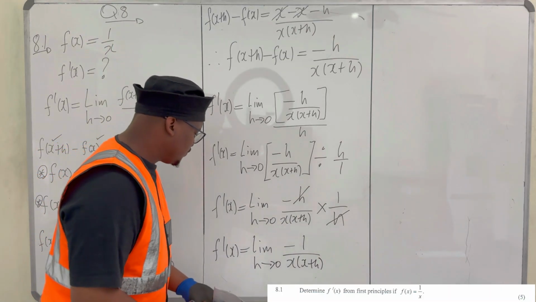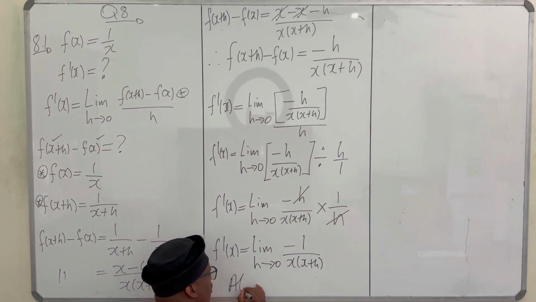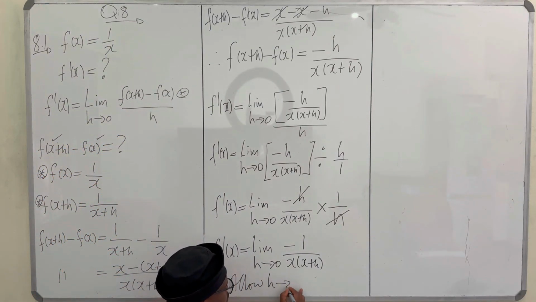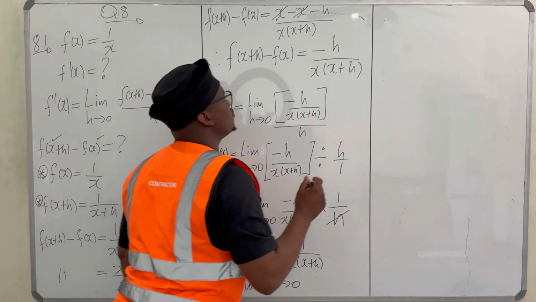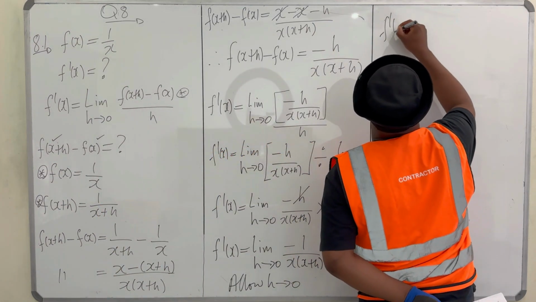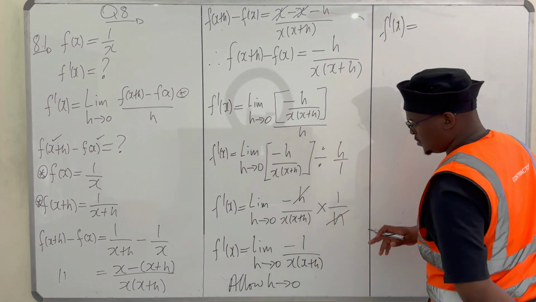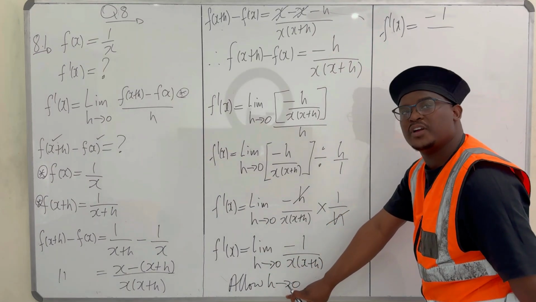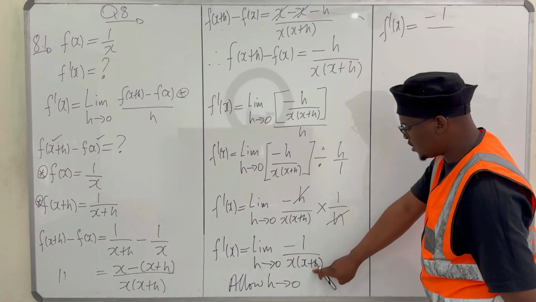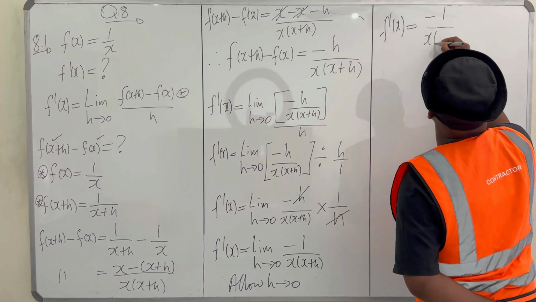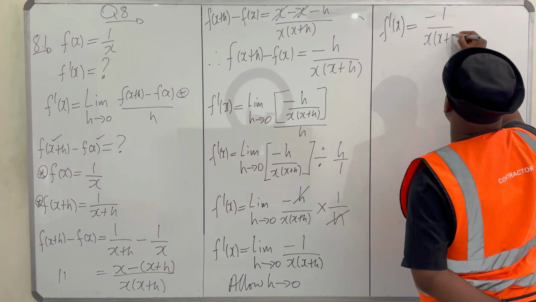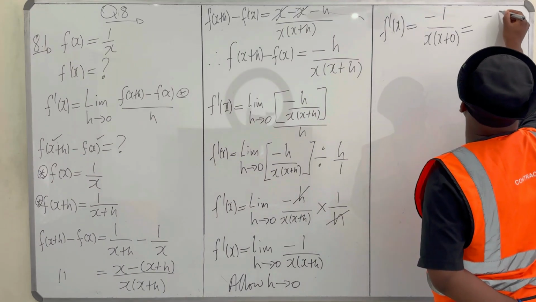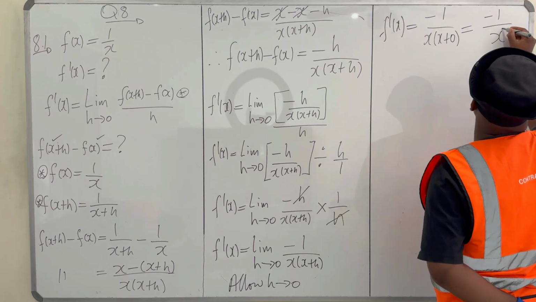So what do we do? We'll just allow our h to go to 0. If our h goes to 0, our f prime at x is equal to minus 1. You don't write the limit anymore because we're allowing h to be 0 now, so we put 0 there, over x into x plus 0, which is equal to negative 1 over x squared.